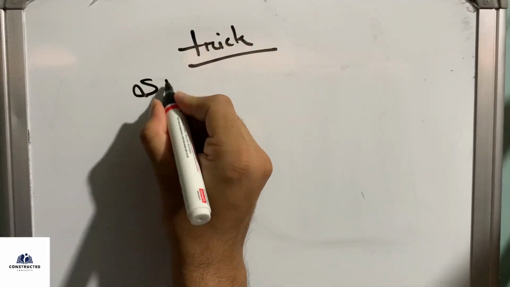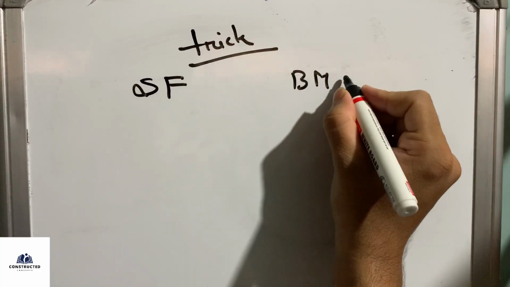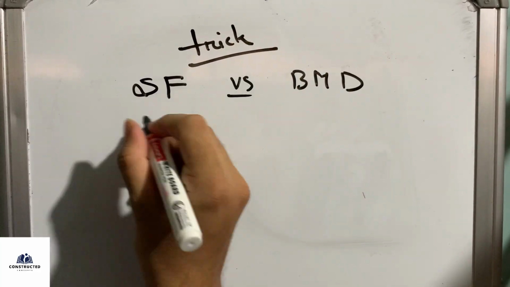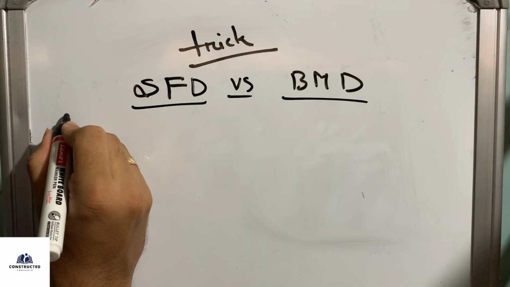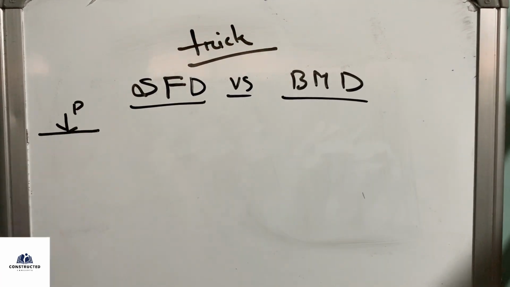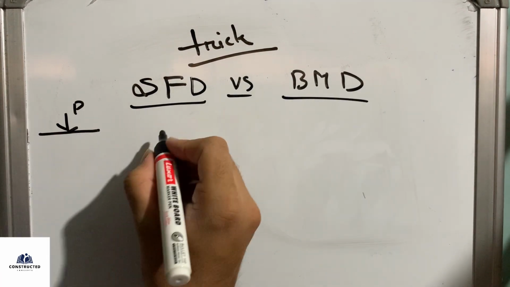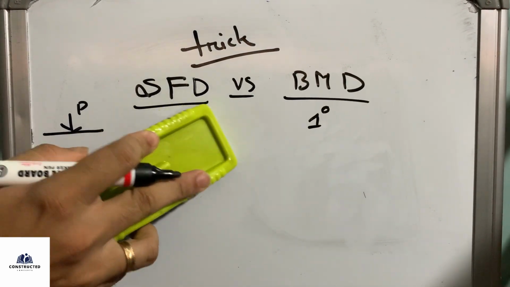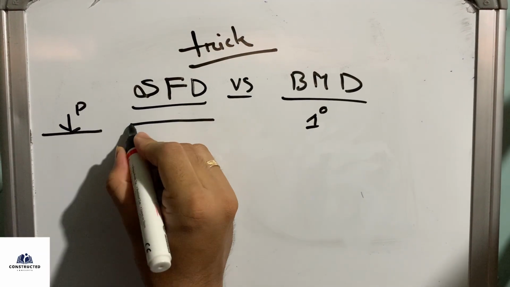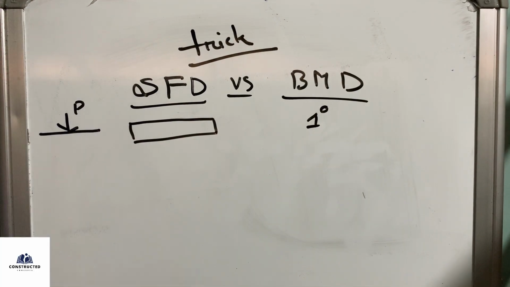Let's differentiate the shear force diagram and bending moment diagram. If it is a point load, the shear force will be 0 degree, which means constant, and the bending moment is 1 degree, which means linear.